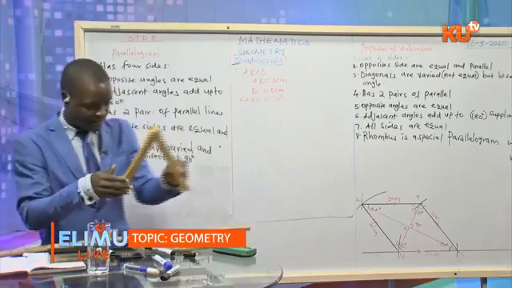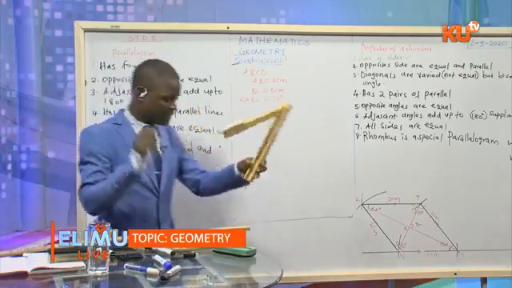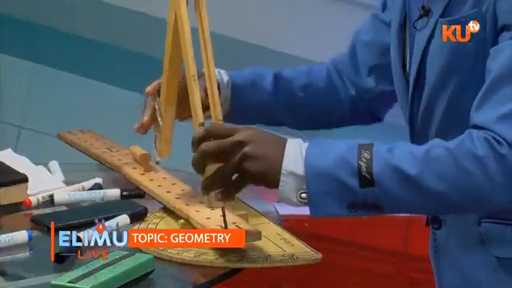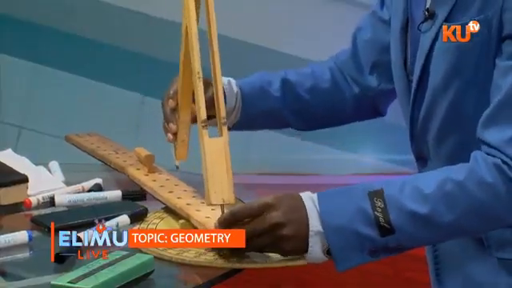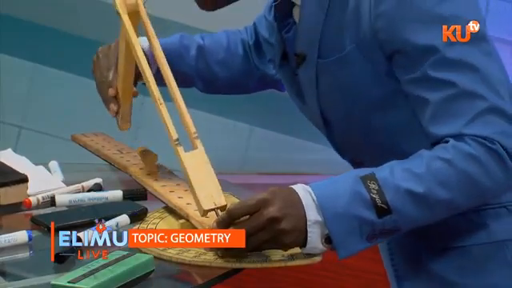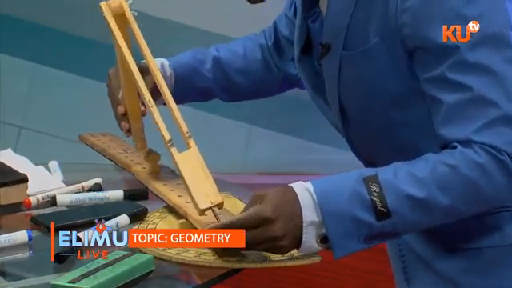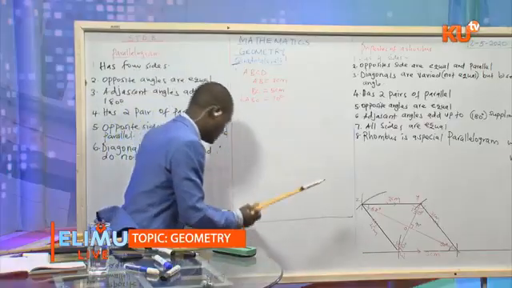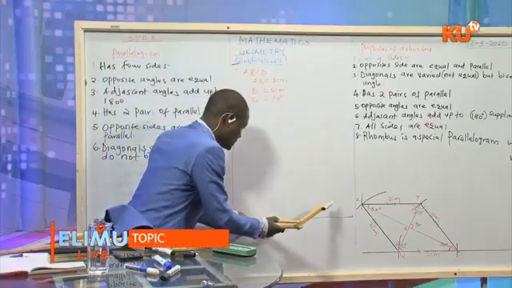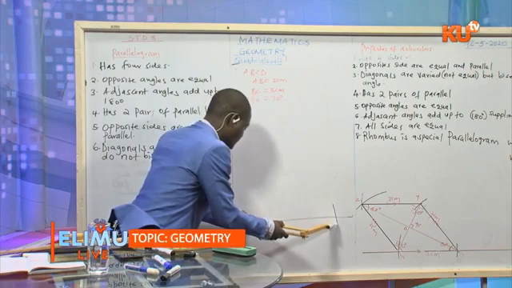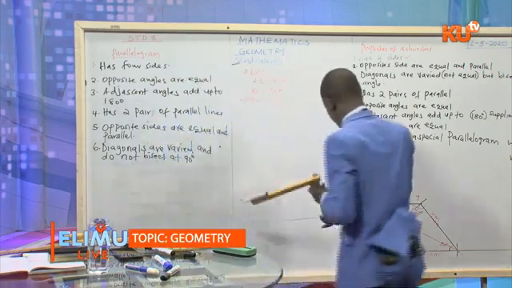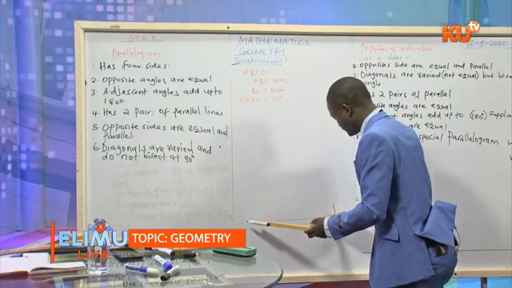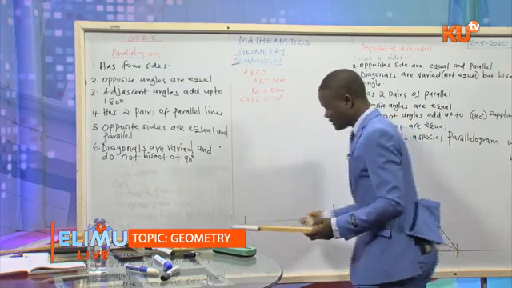Use a compass to measure 5 centimeters. So you stand at this point, draw an arc, then come back here and draw another arc.